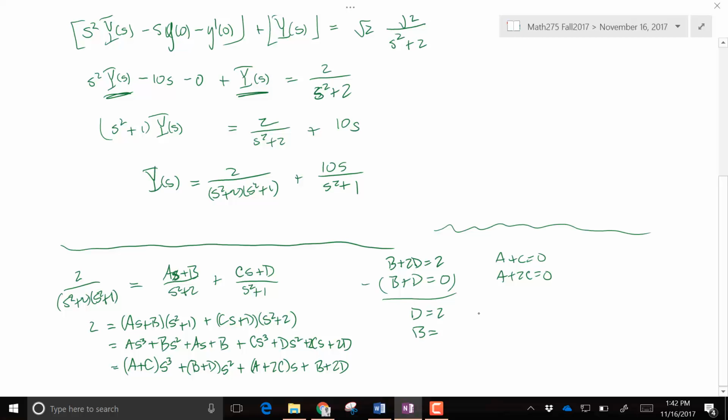B is equal to, what happens when D is equal to 2? Is D equal to 2? Yeah. -6. One of those.